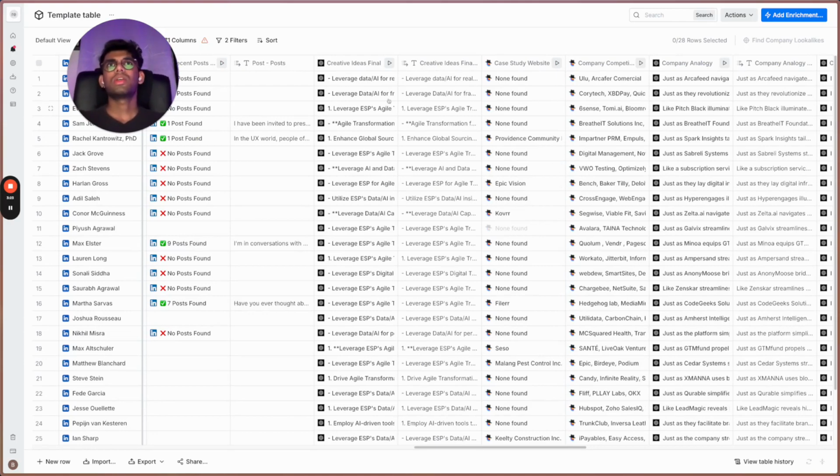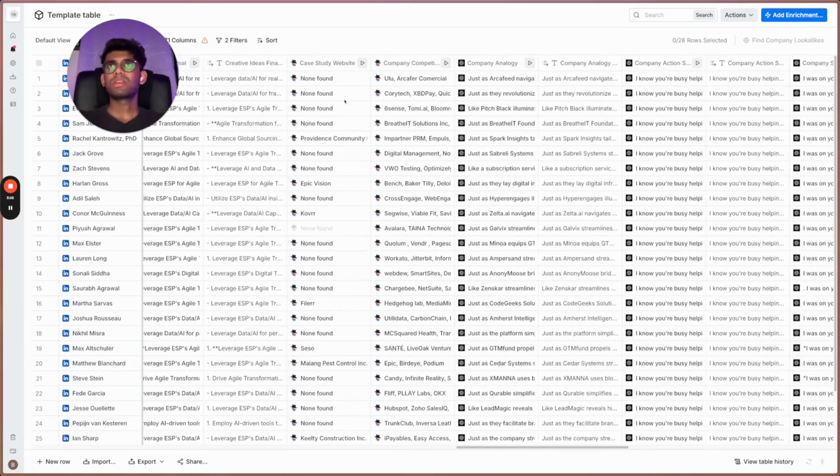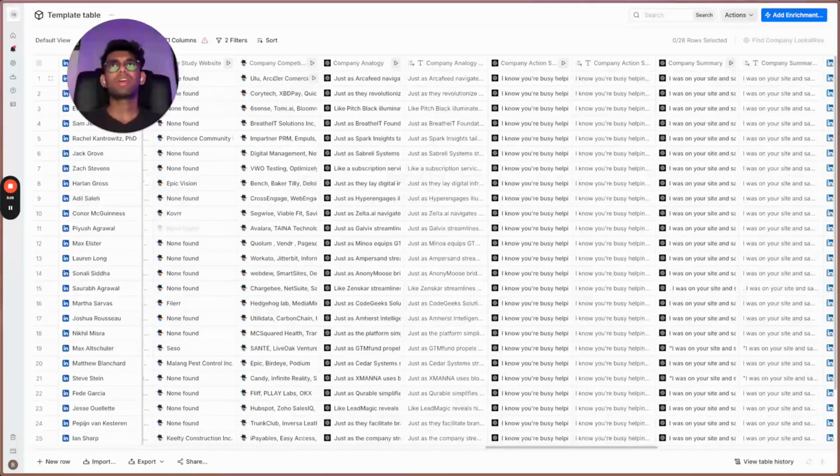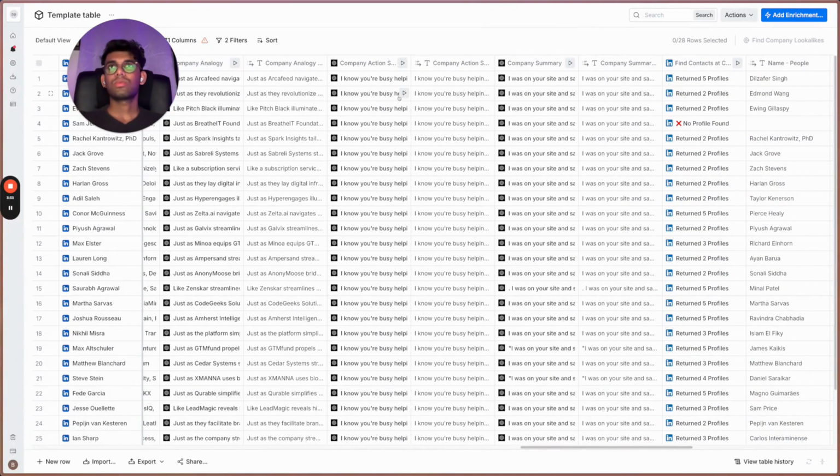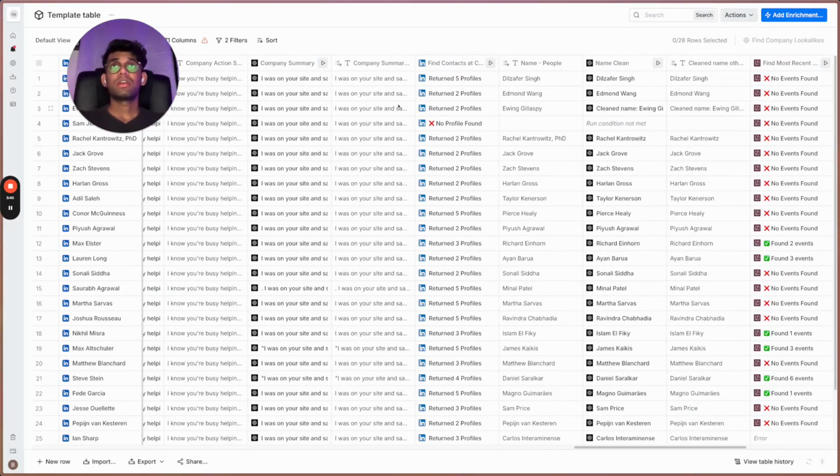We can scrape the website, find case studies, find competitors, and ask AI to write creative lines for the copy to make it as relevant and personalized as possible. The whole goal is to combine the power of manual research with the scale of automation to build your dream prospect list, and basically send handwritten emails without actually writing them by hand.